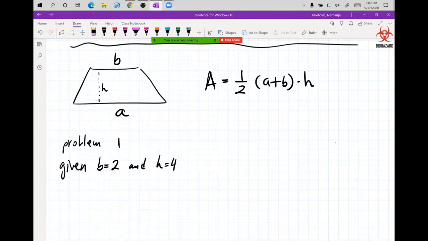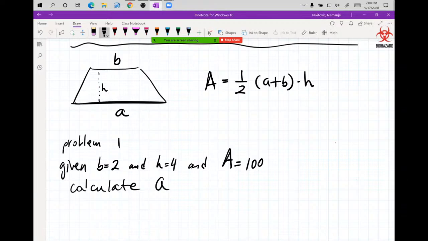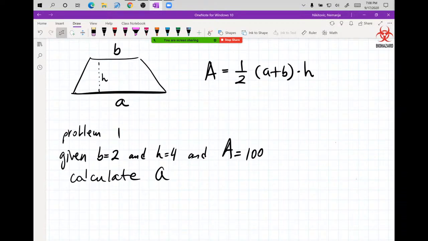I also need capital A equals, I don't know, 100, whatever. Calculate A, which is this side here.